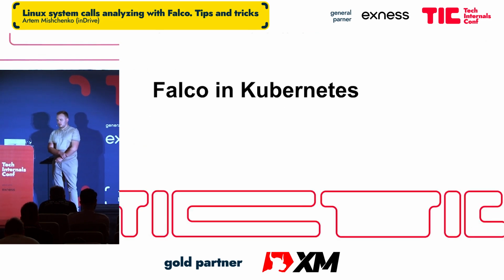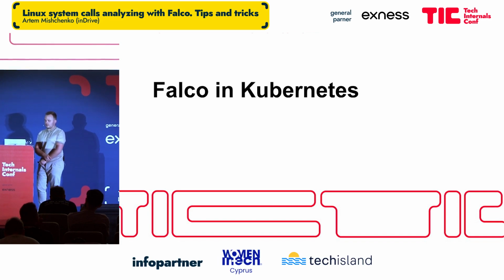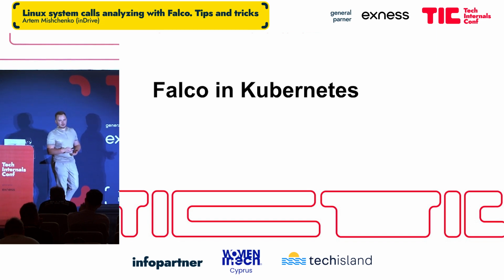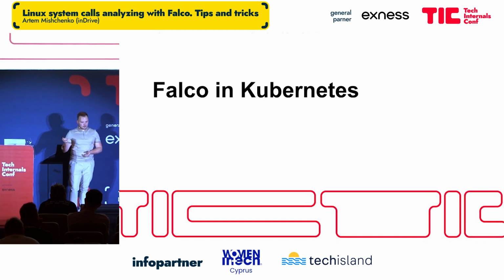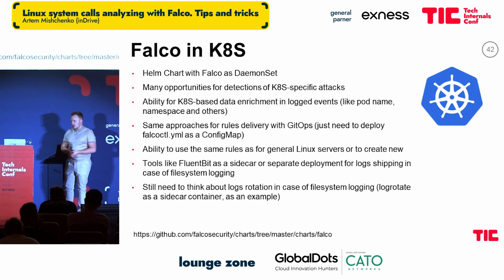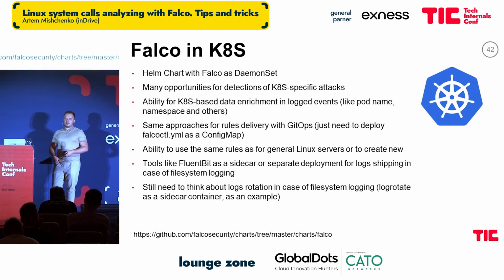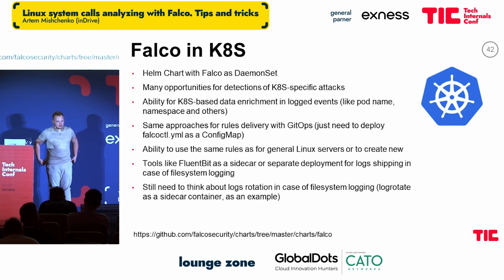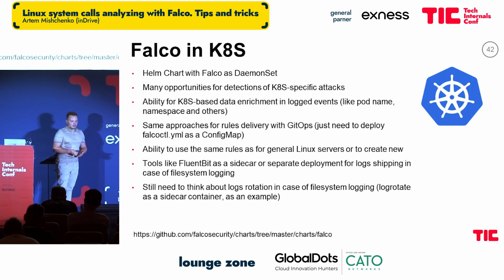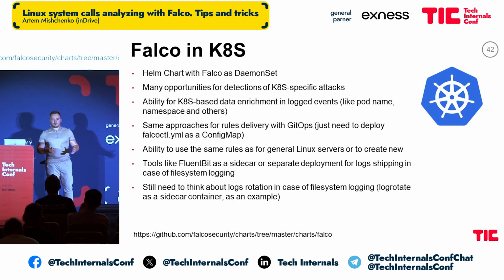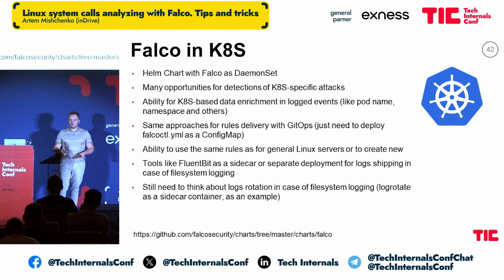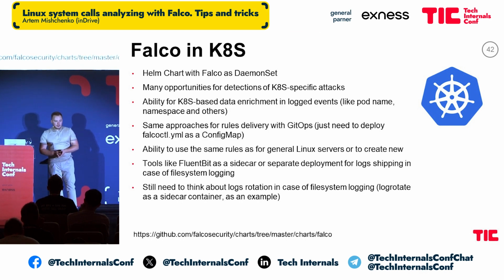The last part I would like to say is usage of Falco in Kubernetes. The most things I said before are applicable to Kubernetes environment, but I just want to make some additional mentions. Falco can be distributed in Kubernetes environment as a daemon set. It provides the ability to monitor every node, not only, for example, master nodes, but also nodes with the payload.